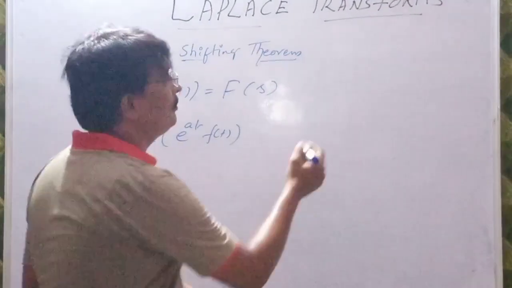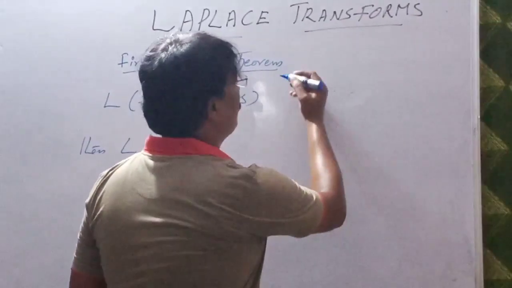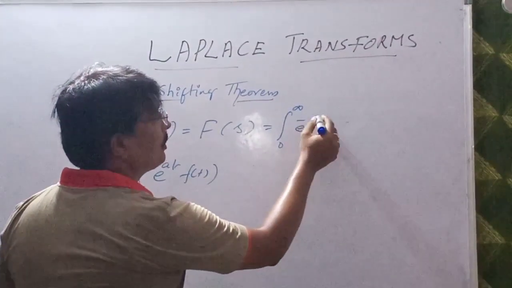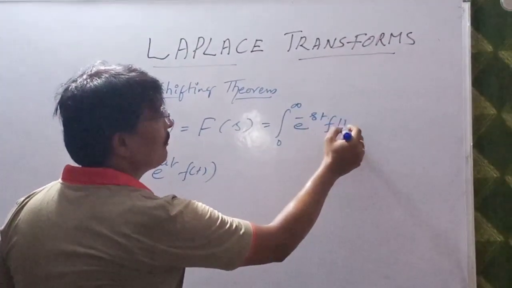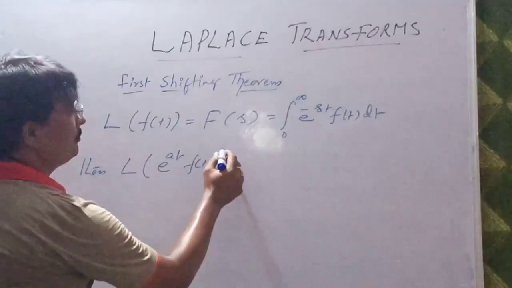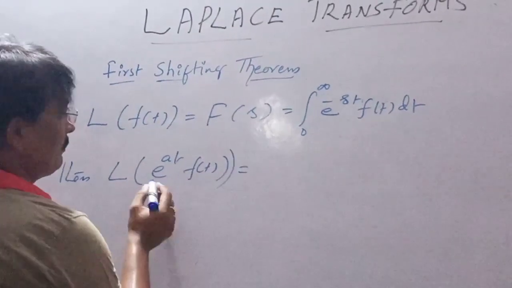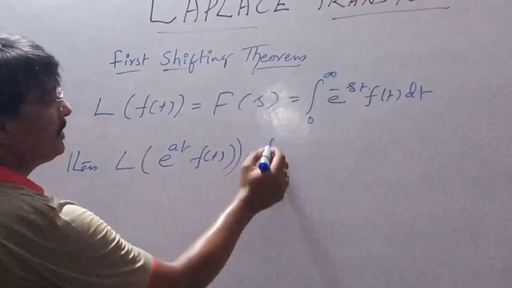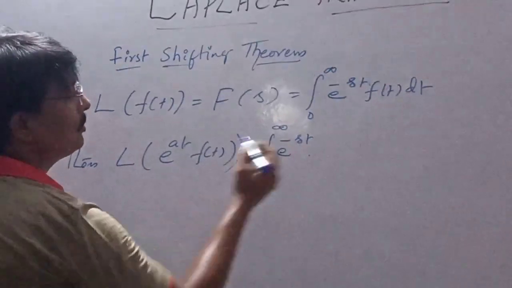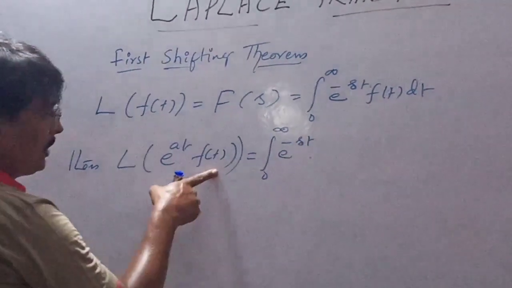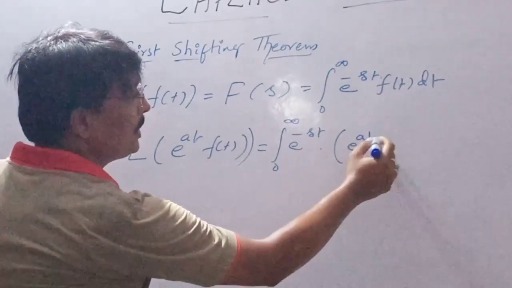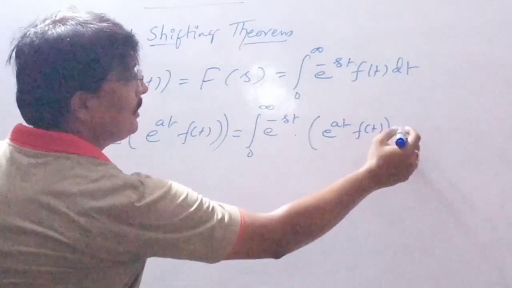As we know, the Laplace transformation of f of t is the integral from 0 to infinity of e to the power of minus st f of t dt. So the Laplace transformation of e to the power of at f of t is the integral from 0 to infinity of e to the power of minus st times e to the power of at f of t dt.